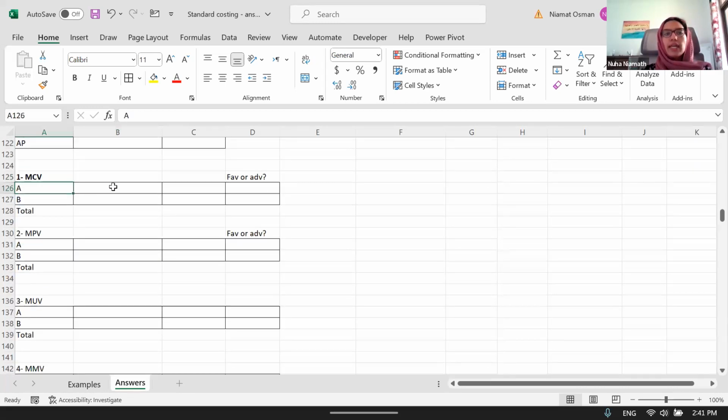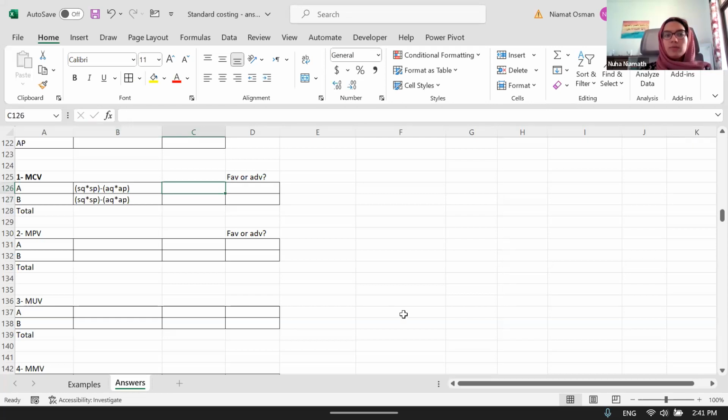Now let's go for A. Quickly tell me what's the formula for material cost variance? Thank you. SQ into SP minus AQ into AP.